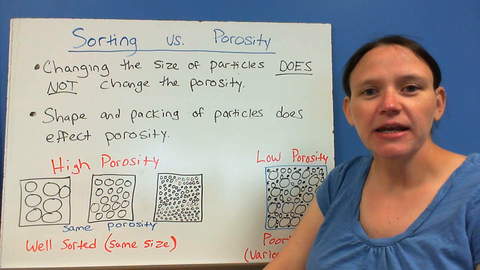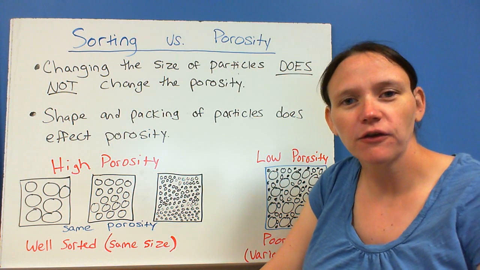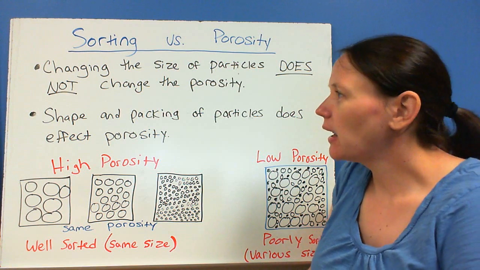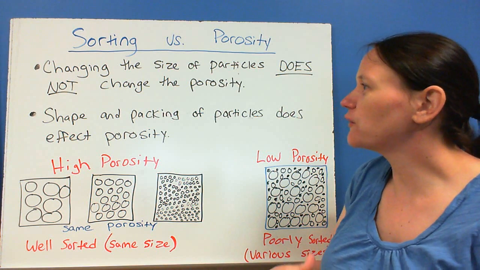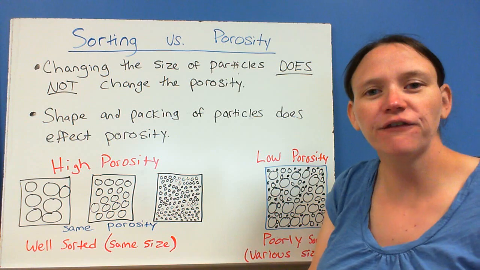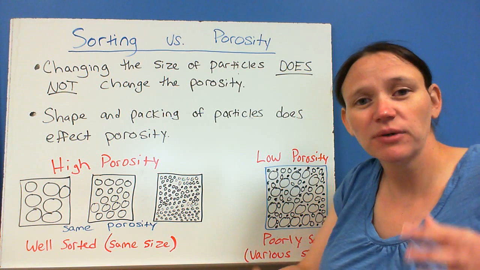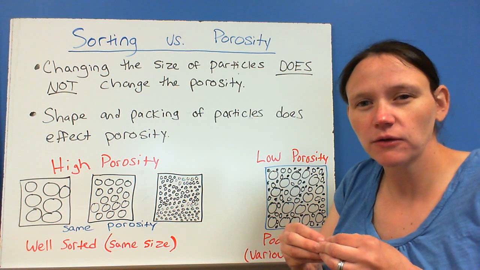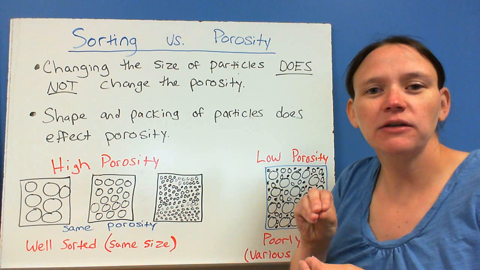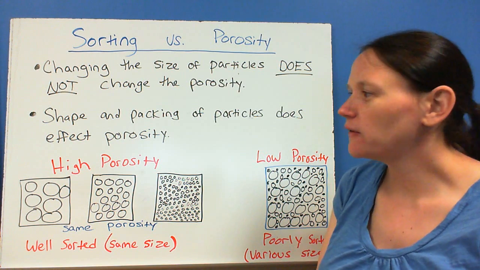And so the big thing is how the rock or the soil or the sediment is sorted. The actual size of the particles doesn't affect the porosity. You can have really big particles and really small particles, but that's not what determines the amount of pore space.